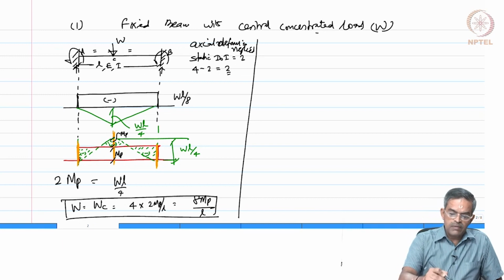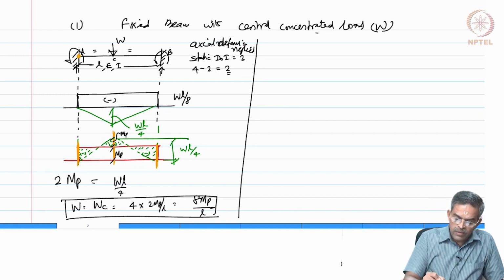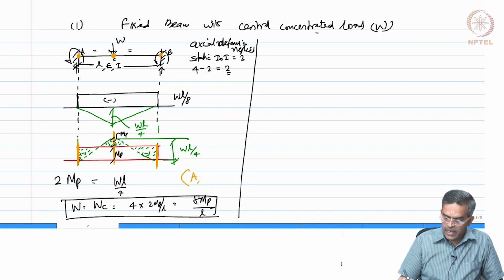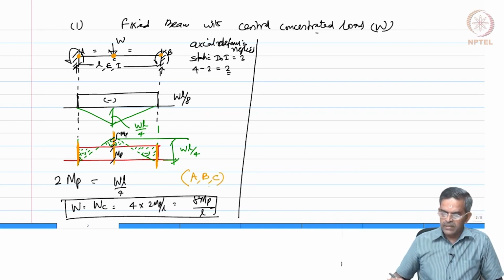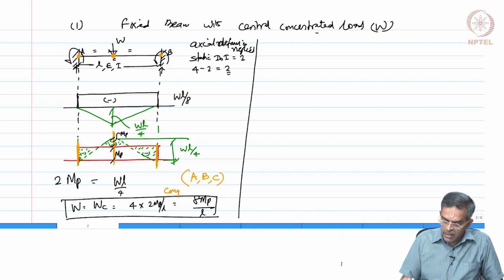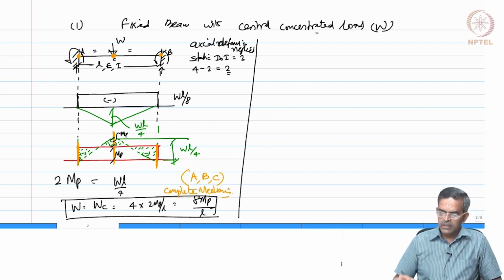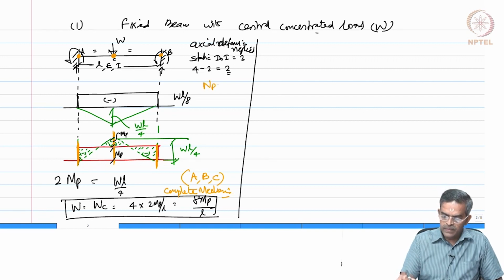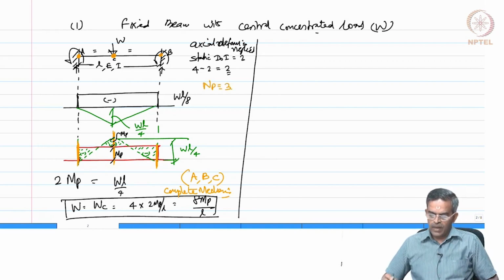Ultimately, we assume that hinges are formed at 3 places. Hinges are formed at A, B and C, making it a complete mechanism. Is it not? I need 3 hinges. I got 3 hinges.